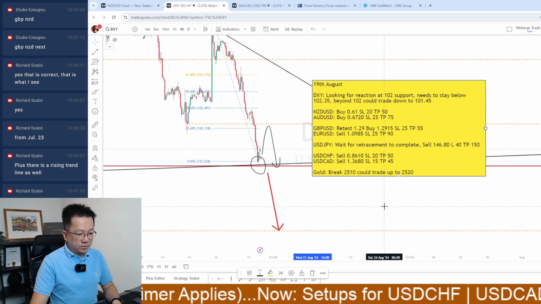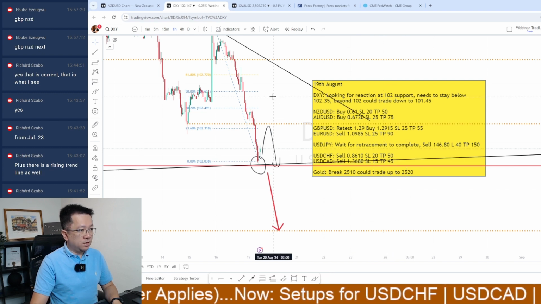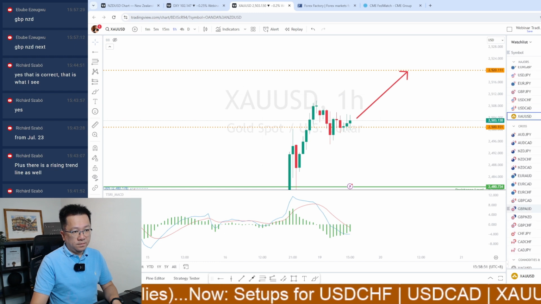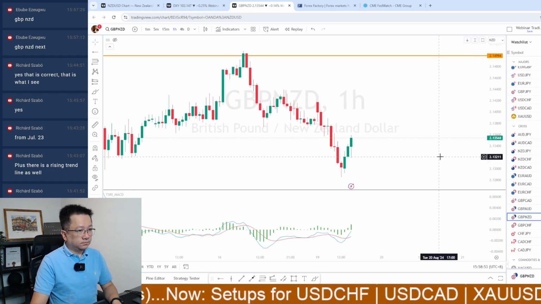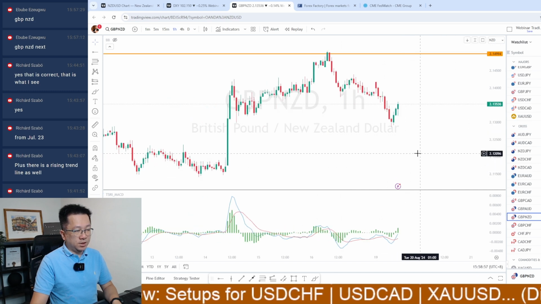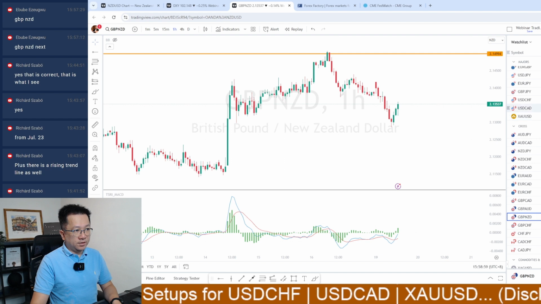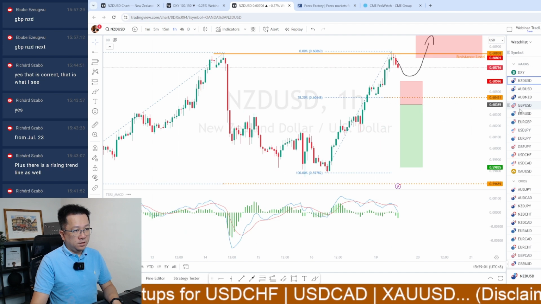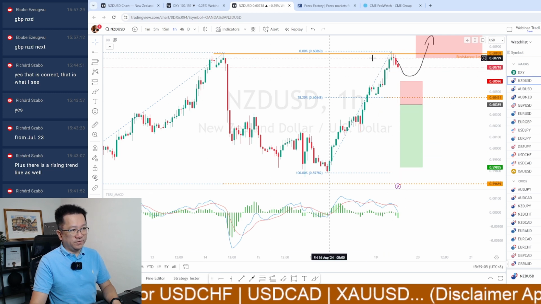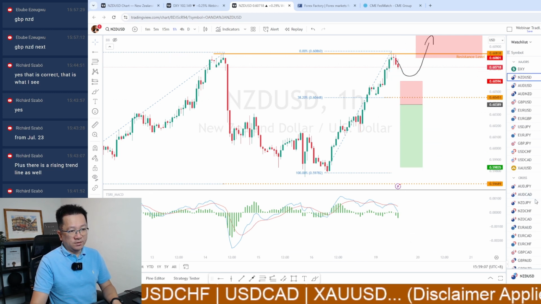Okay, and then I see a question there on the pound kiwi. Pound kiwi again, pound dollar pushing up on strength. Kiwi showing that little bit of weakness. It shows a bit of double top retracement back down.